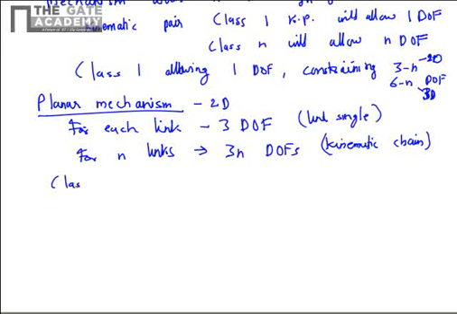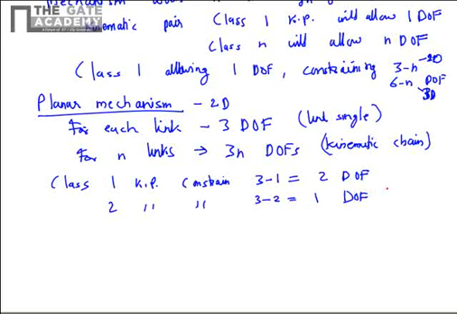Now a class 1 joint or a kinematic pair will constrain 3 minus 1 is equal to 2 degrees of freedom. The class 2 will constrain 1 degree of freedom. And a class 3 is of course not possible in a 2D system, as it will not constrain any degree of freedom, hence it will not be a joint.